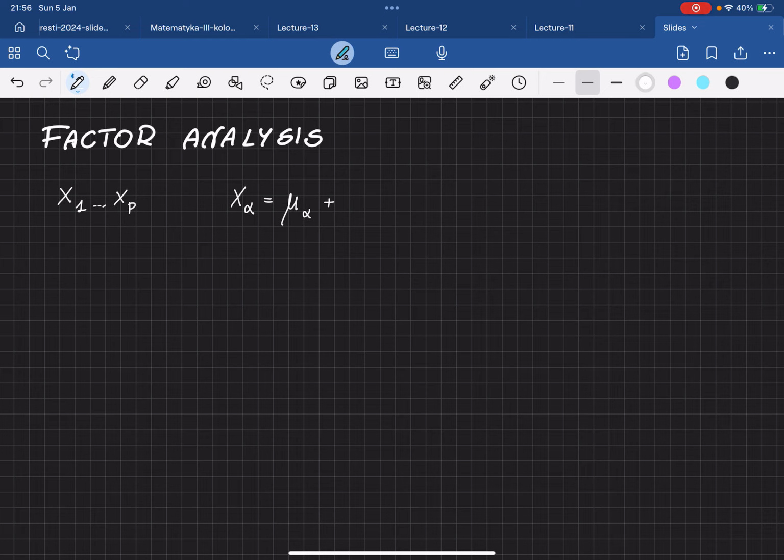Then there is the component related to depression, so there is some coefficient lambda, and this unknown as for now factor being the depression level. And of course, each symptom can be related to more than just depression. Therefore, there is also an error.